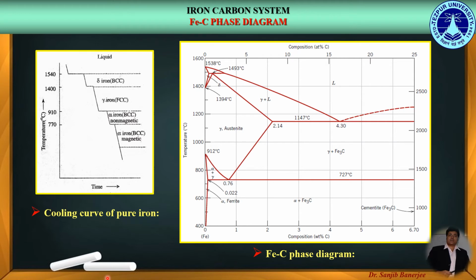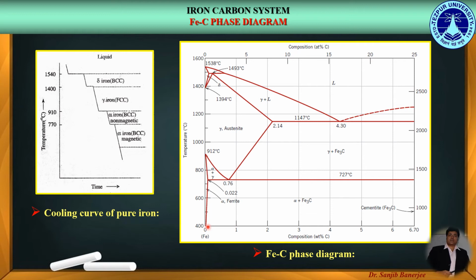Let us now talk about the different phases present in the iron carbon phase diagram. In the previous section, we have studied about the cooling curve of pure iron showing polymorphism or different crystal structures. Now, when carbon forms the interstitial solid solution with the different forms of pure iron, we get the different phases at different temperature ranges in the iron carbon phase diagram.